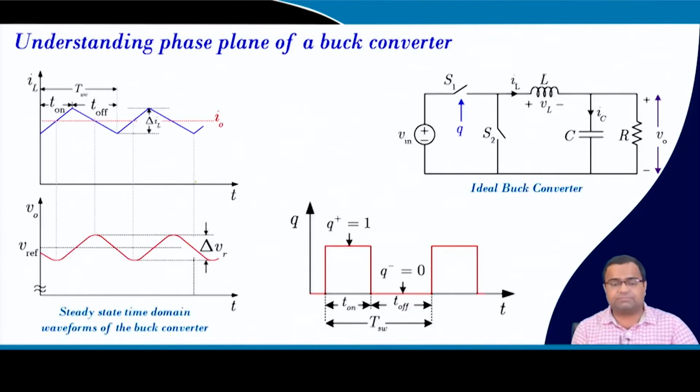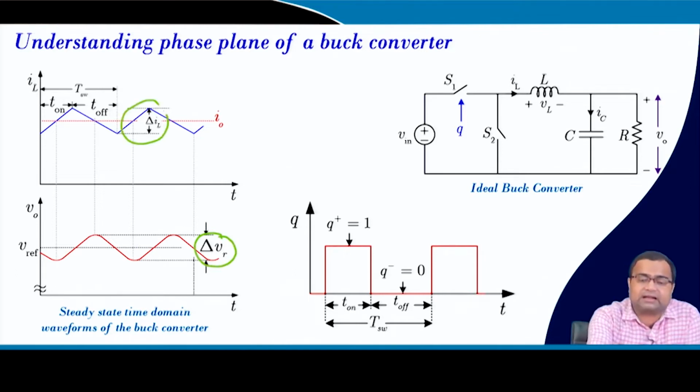So, understanding phase plane behavior. In the last slide we talked about phase plane behavior, but I told you that we need to choose certain on and off times so that you can meet the steady state ripple voltage and the steady state current ripple requirement.